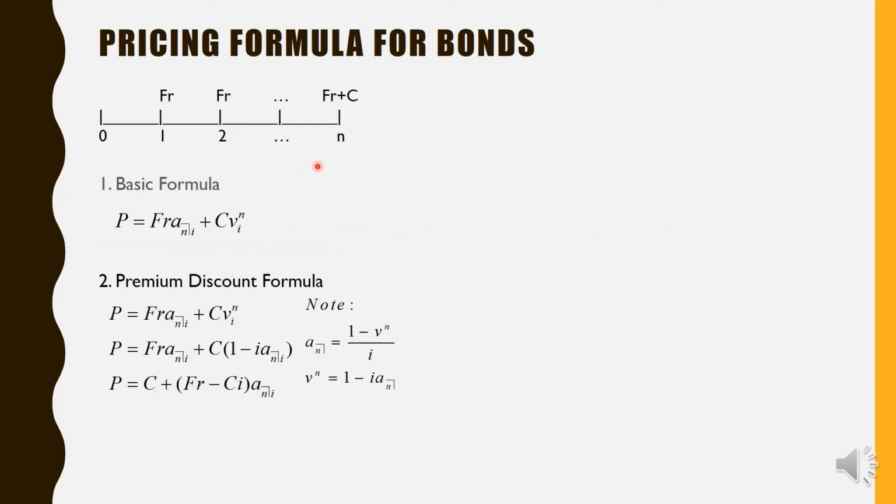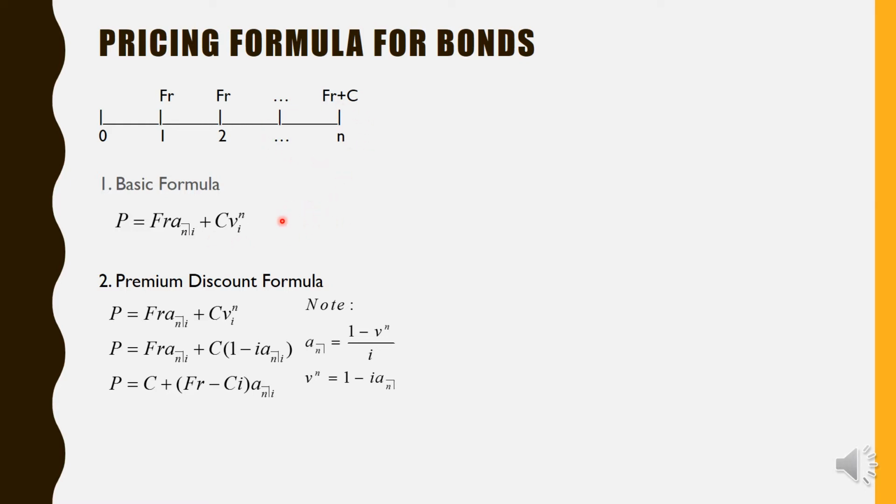As we know, the bond has a periodic coupon payment annually and a redemption value at the end of the maturity date. So before we come up with a pricing formula for bonds, we can construct a timeline in order to visualize the payments better. Therefore, from the timeline, we can derive the basic pricing formula for bonds.